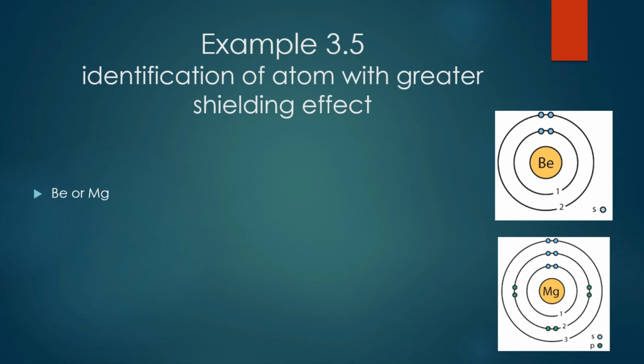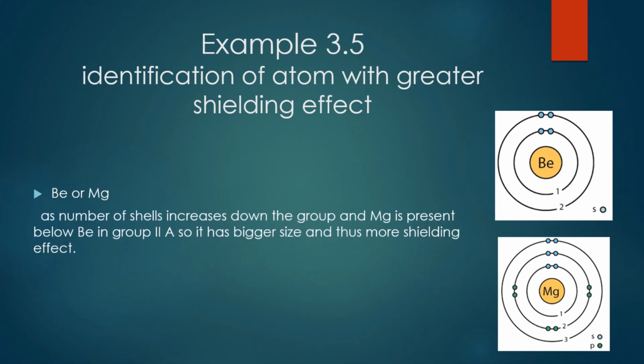You can see in the periodic table that beryllium and magnesium are present in group 2A. As the number of shells increases down the group, magnesium has more shells or more inner electrons as compared to beryllium. So the shielding effect of magnesium is greater than beryllium.